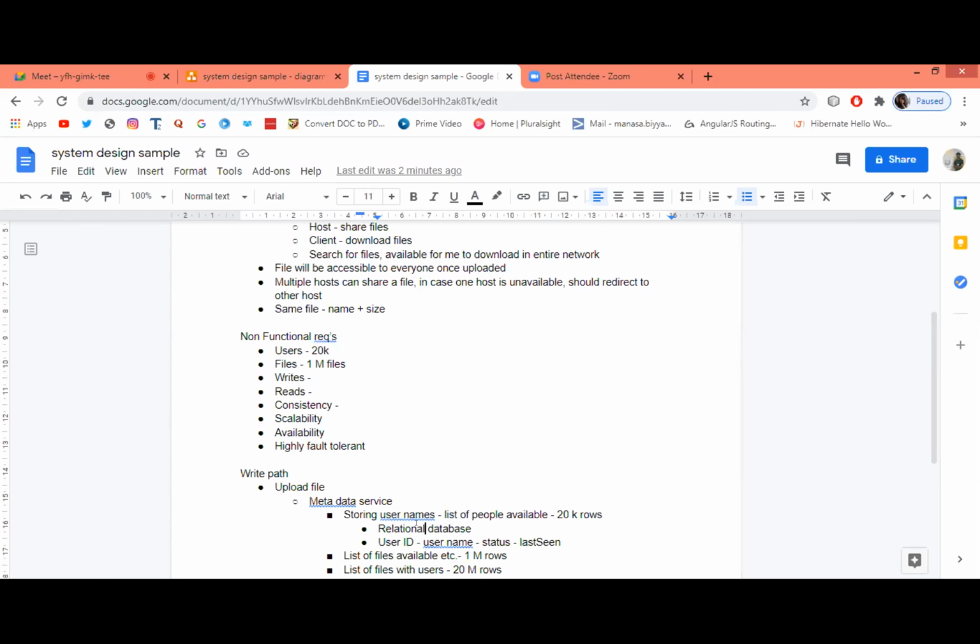So let's go with the complete peer-to-peer design where we don't have any central system. But the problem I see with this design is that if I start to scale my system, and my users and files keep increasing, then the metadata that each machine has to store will also increase a lot.